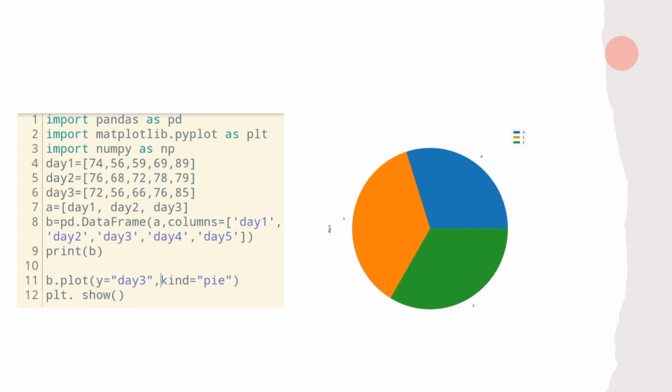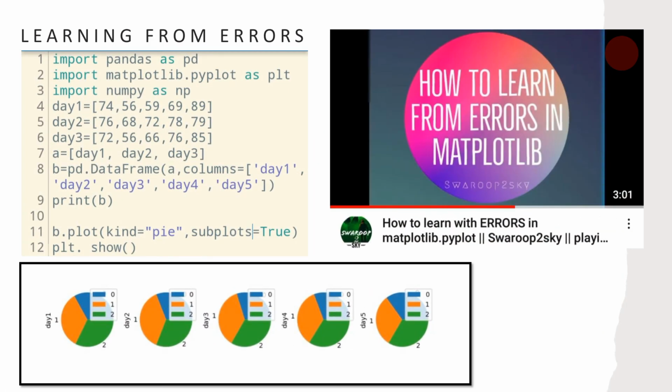So I did this and removed y equals day 3 and found out that I got an error. And then I searched a book and made some changes. I used subplots equals true and it will create all the data frame values as pie charts in the same graph. And this is how we learned it in that video.